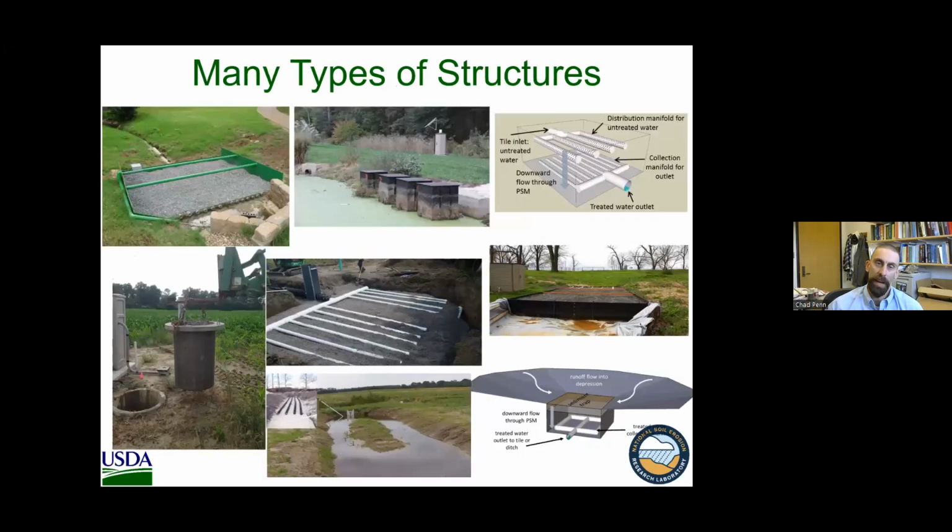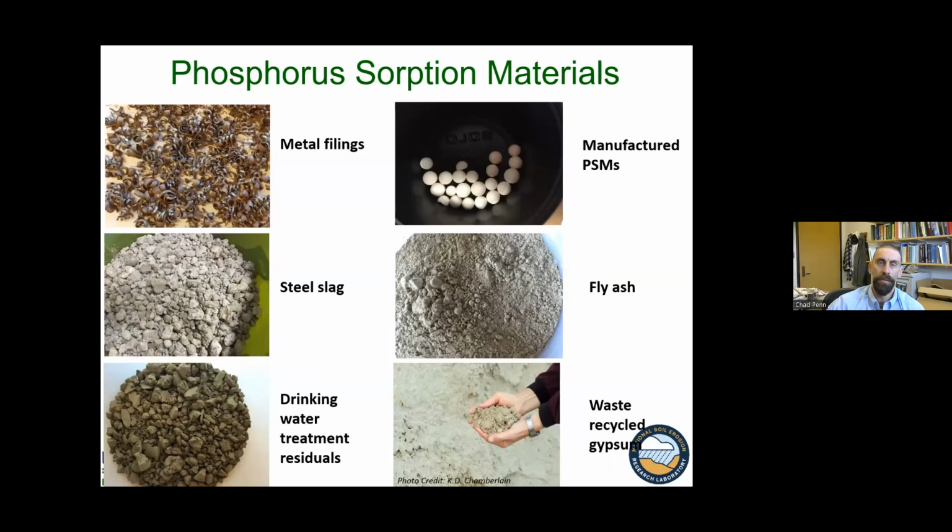So knowing those 3 main components, P removal structures can be pretty diverse in appearance. We've built a whole lot of different types under different scenarios, and if you meet those 3 components, you've got a P removal structure in some way, shape, or form. And later I'm going to give you a survey, just some examples of different types that we've built.